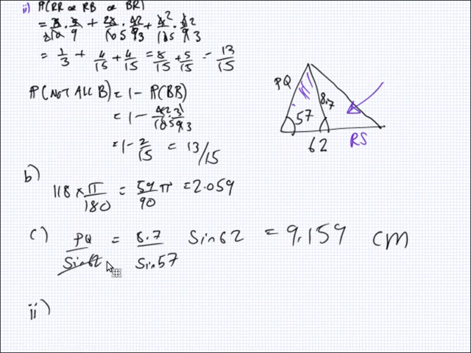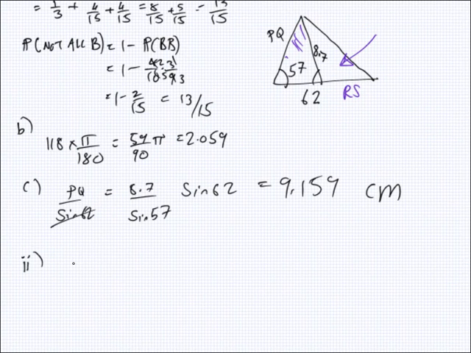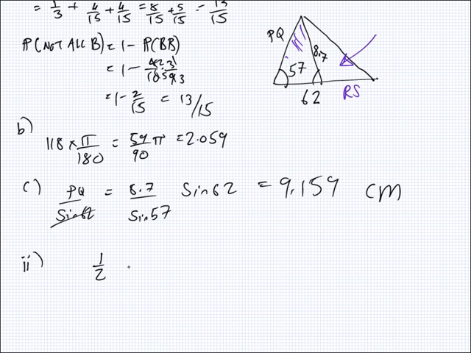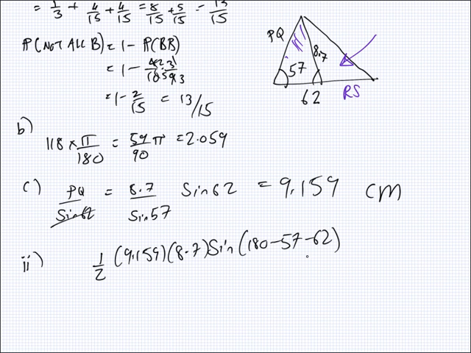So if I use the sine area formula on the left, a half times 9.159 times 8.7 times sine of that angle, which will be 180 minus 57 minus 62. That area on the left is 4 times bigger than the area on the right.